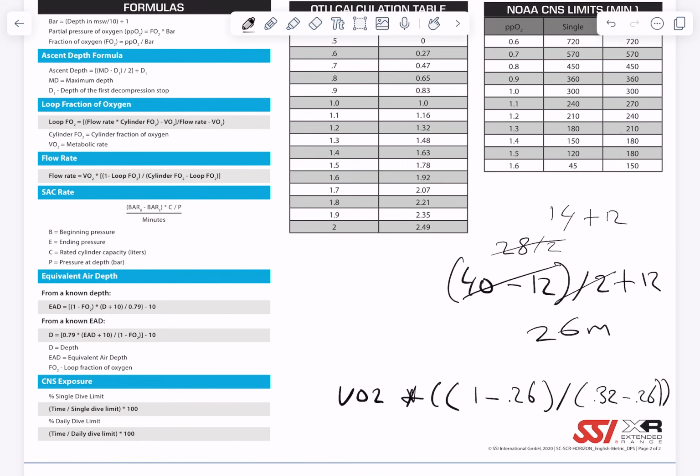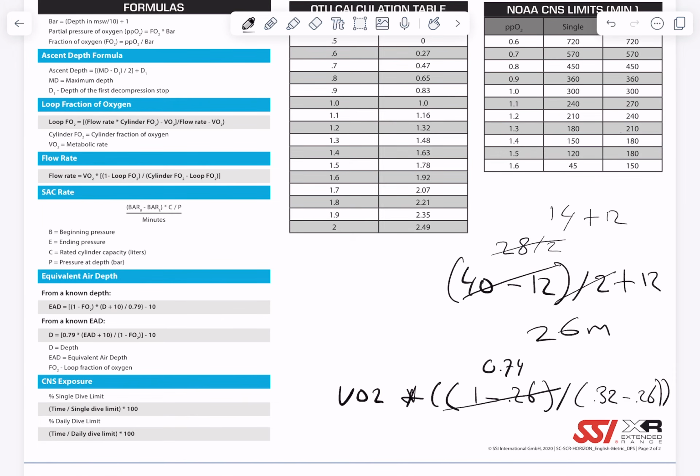So 1 minus 0.26. If you want to use a calculator, I always tell people you don't need to be a mathematician to figure this out. So 1 minus 0.26 is 0.74. So 0.74. Let me just write this properly. Very good. So we have this part of the equation done.